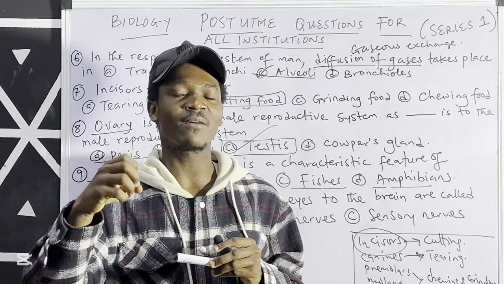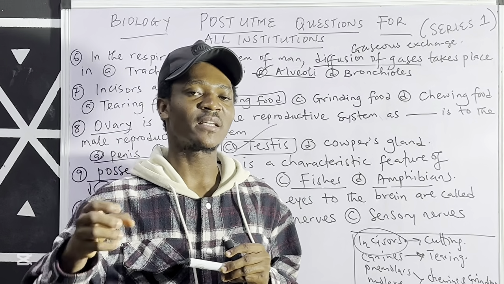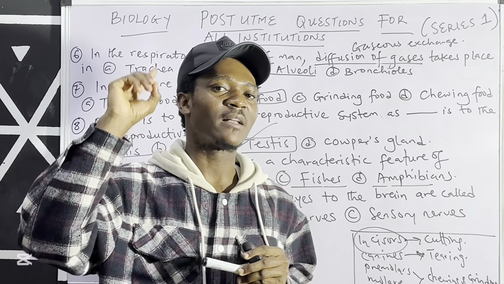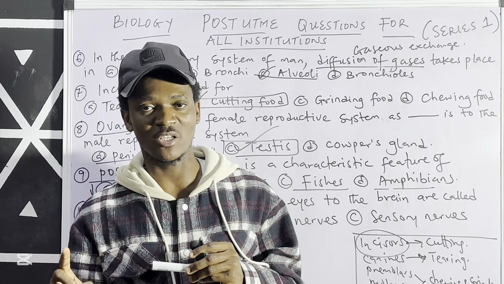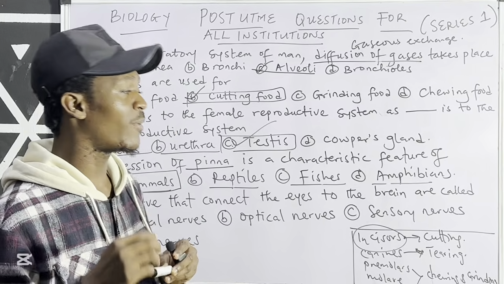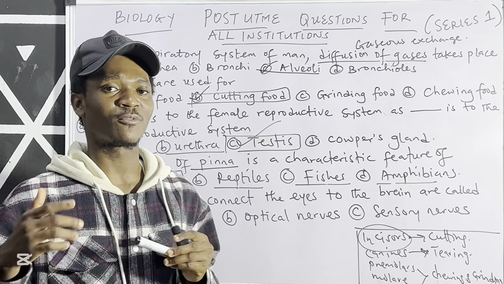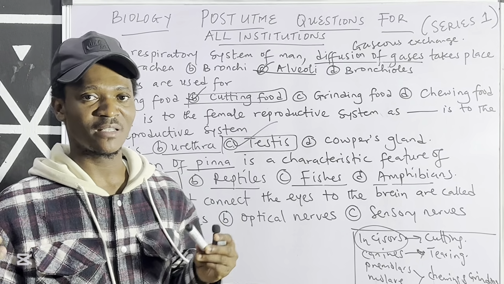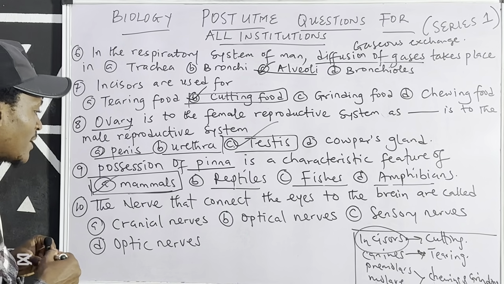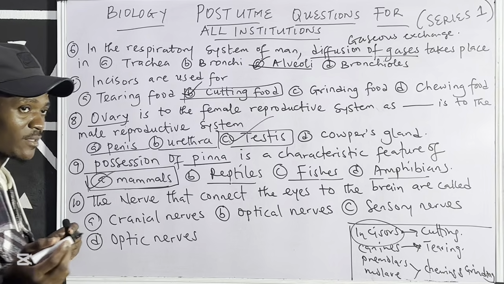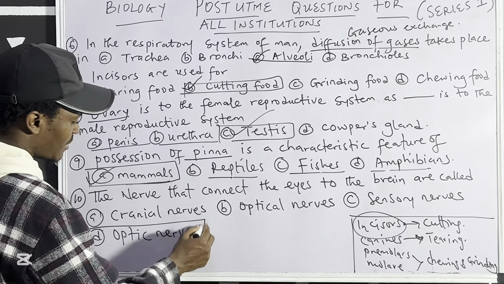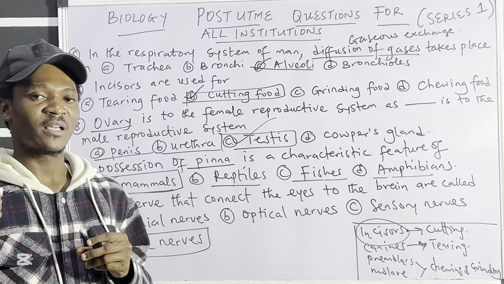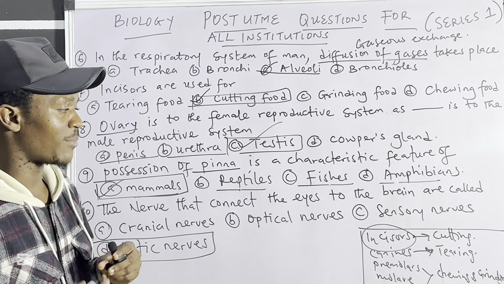Images formed on the retina are taken through the optic nerve of the eyes to the brain for interpretation. When you hear the word optics, it has to do with light, and the organ of the body sensitive to light is the eyes. So the optic nerve is the nerve that carries visual impulses from the eyes to the brain for interpretation.